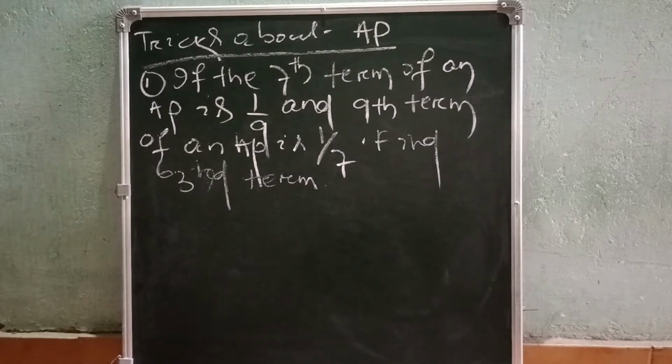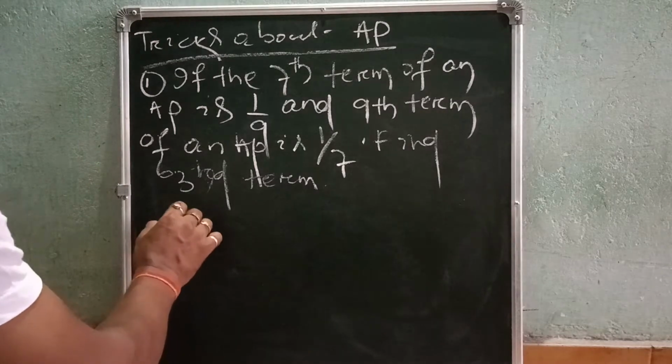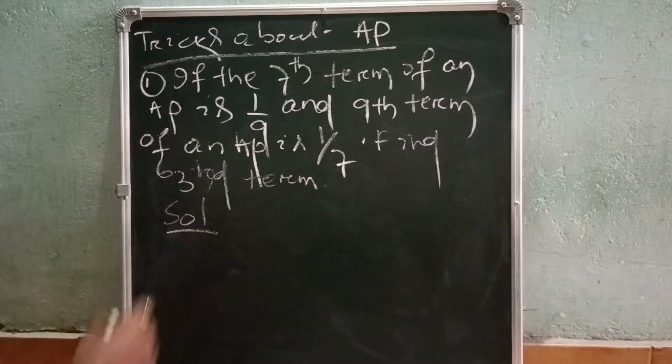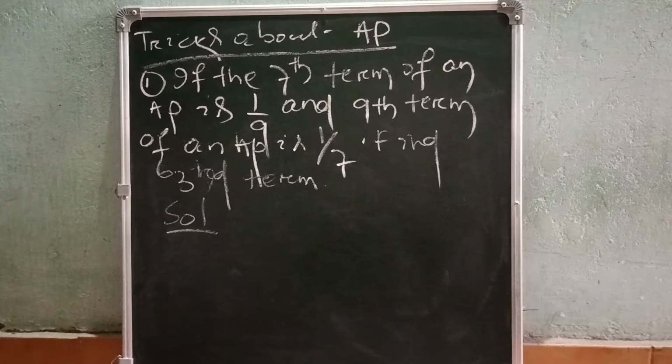So you see here in this question, the seventh term is 1 by 9 and the ninth term is 1 by 7. The asking question is A63. What is given in the question?